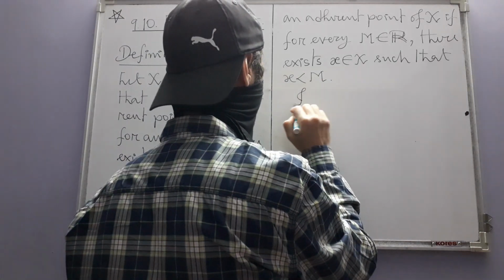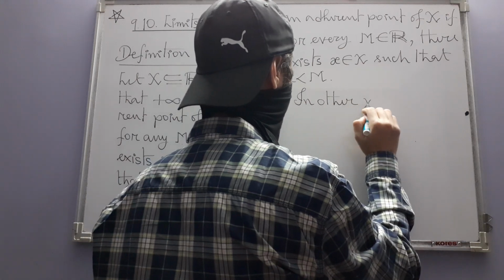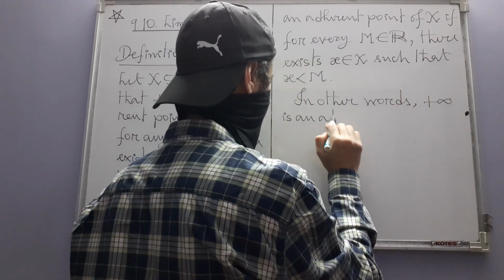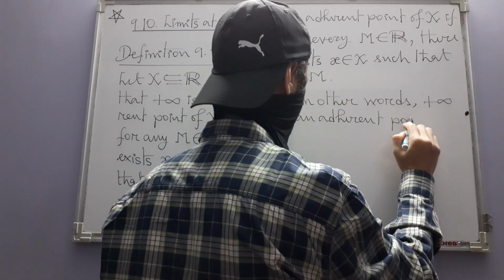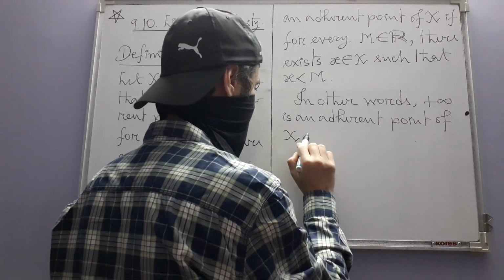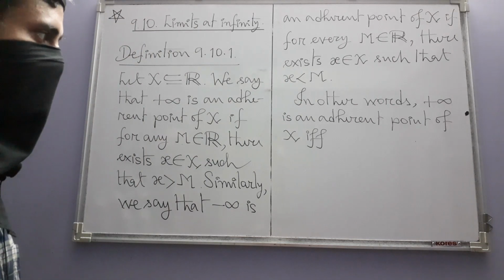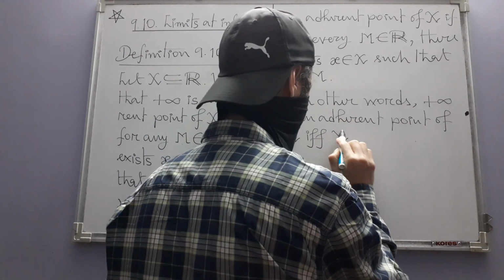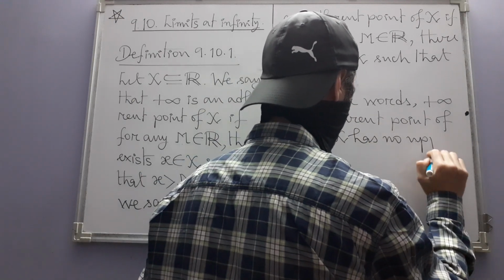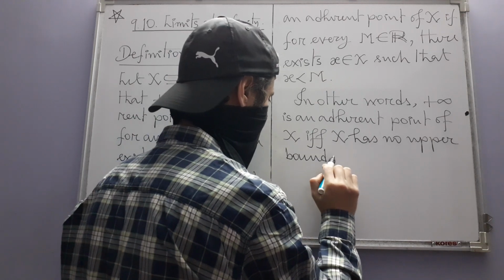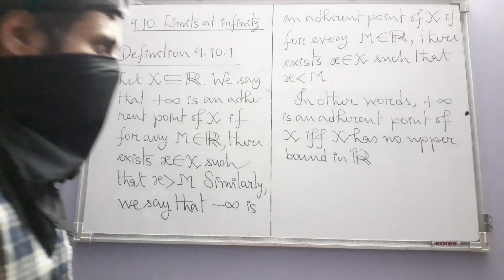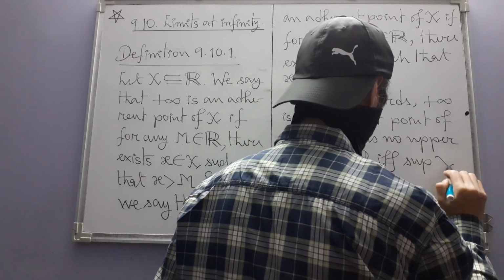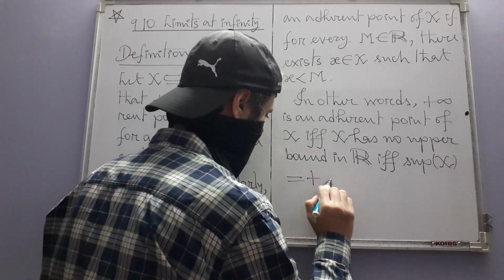In other words, plus infinity is an adherent point of X if and only if, that of course we denote by iff, X has no upper bound in R. That in turn is equivalent to this: if and only if the supremum of X is equal to plus infinity.